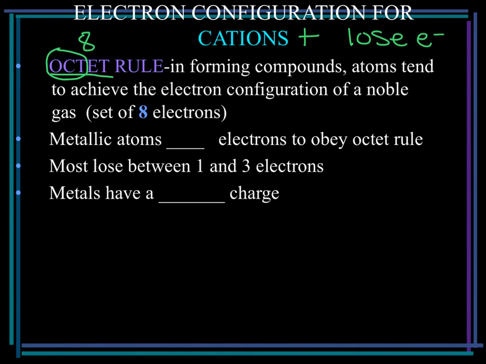So they are going to lose electrons to obey the octet rule, and most of them lose between 1 and 3 electrons. And these metals, therefore, have a positive charge. Okay, so let's go on to the next slide.